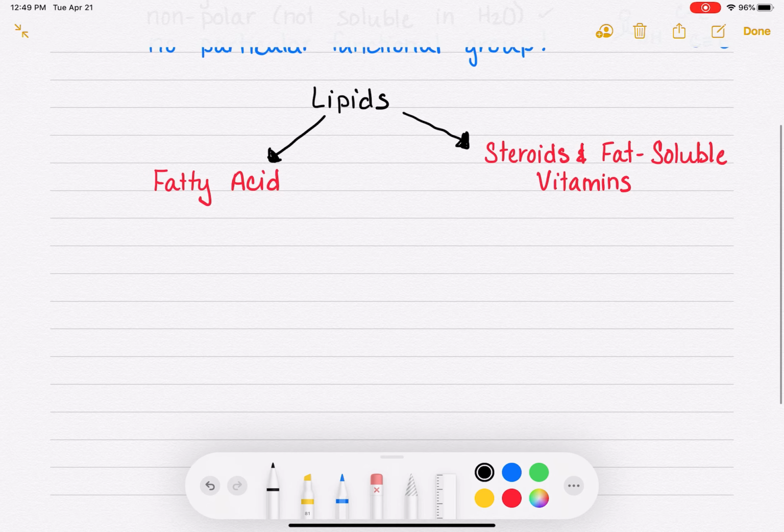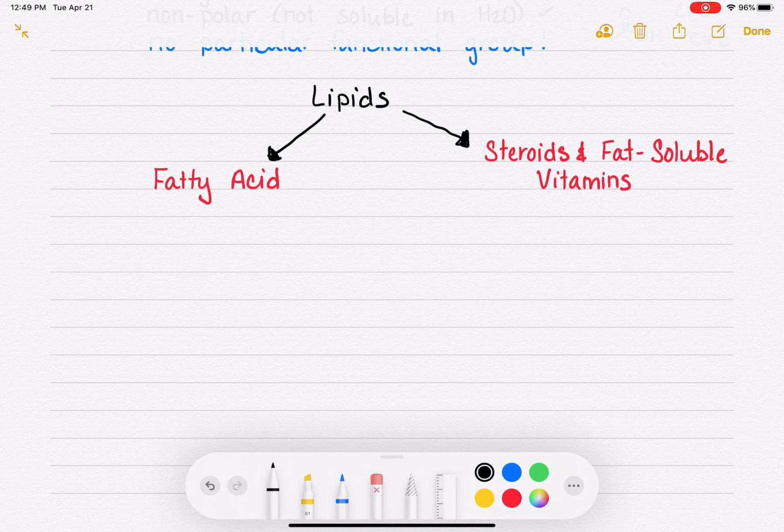Fatty acids are simply long-chain carboxylic acids. That's all that they are. They are a type of carboxylic acid that just has a whole bunch of carbons on it. There isn't a cutoff for the long chain status, so there isn't a rule that says it has to have at least 12 carbons or 15 carbons or something like that.